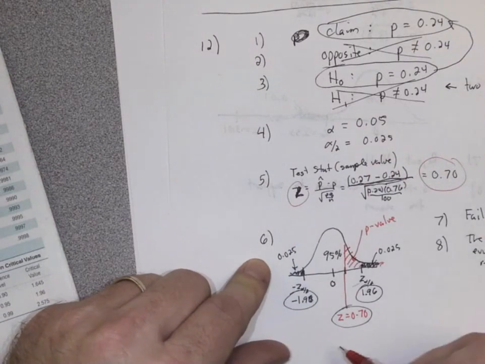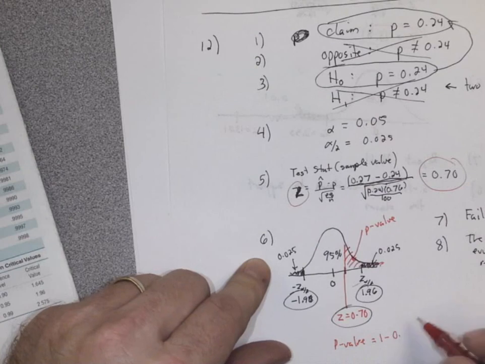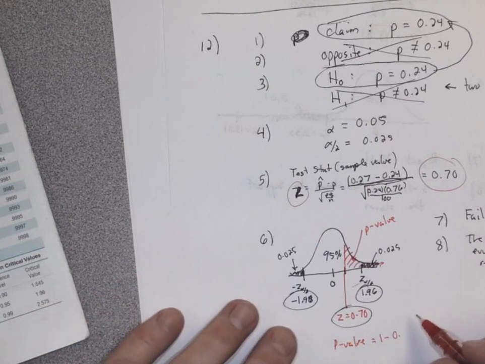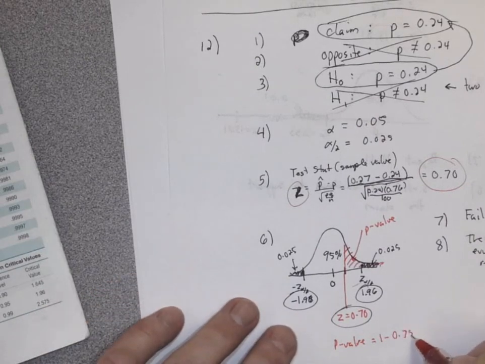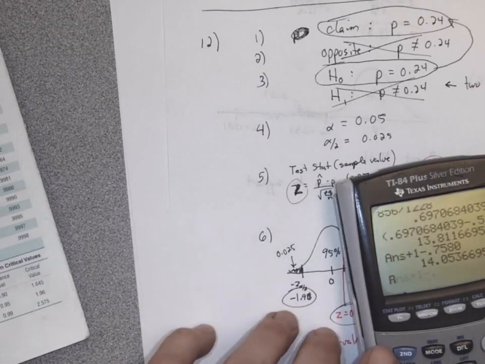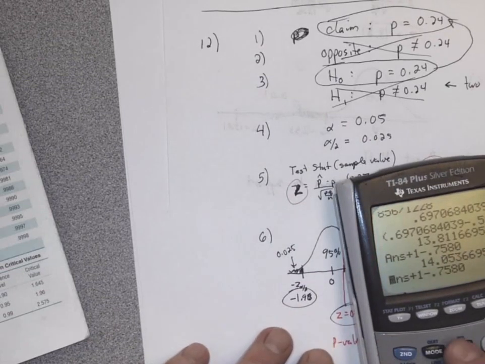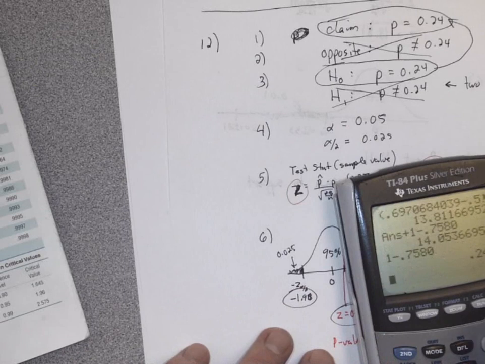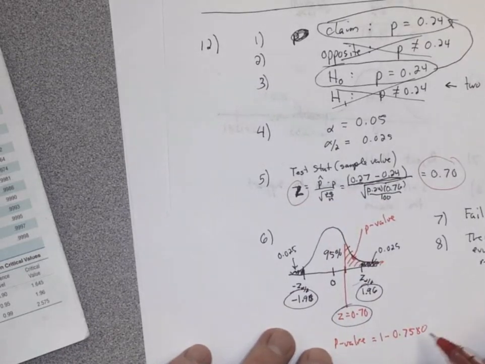So that means our p-value is equal to 1 minus 0.7580, which is equal to 0.2420.